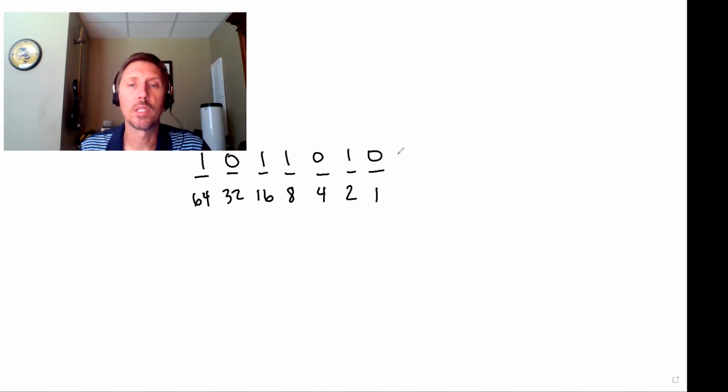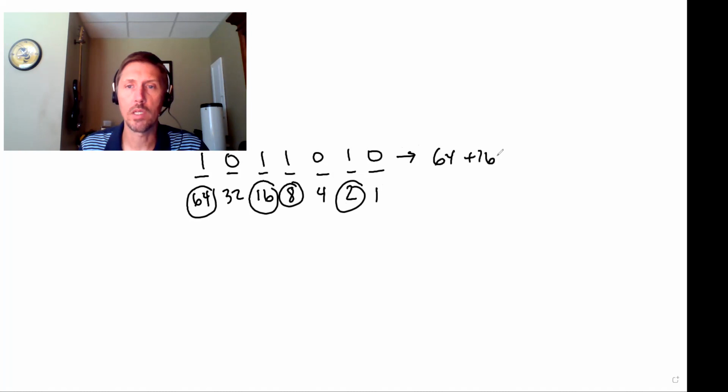So what does this equal in decimal form? Well, this time we're going to ignore the spaces that have zeros because they're not going to contribute to the final number. And since all the spaces that have ones correspond to the numbers below here, we're going to have a 64, plus a 16, plus an 8, plus a 2. So 64 plus 16 plus 8 plus 2.